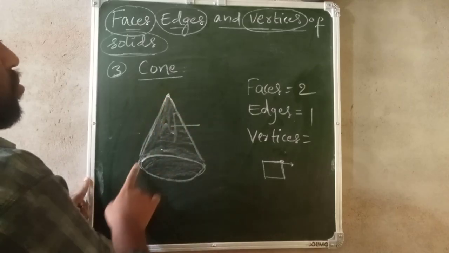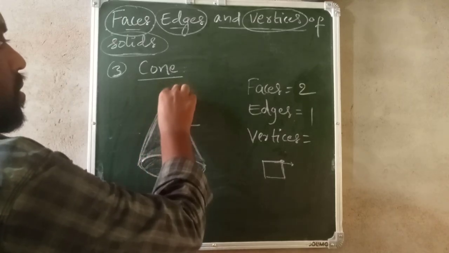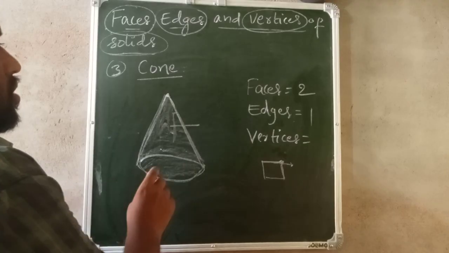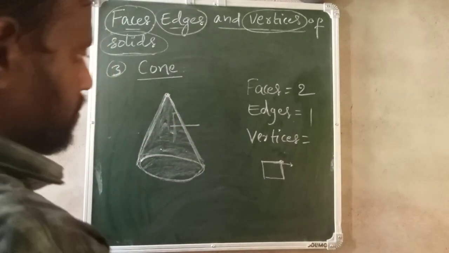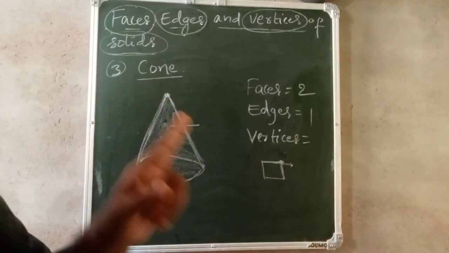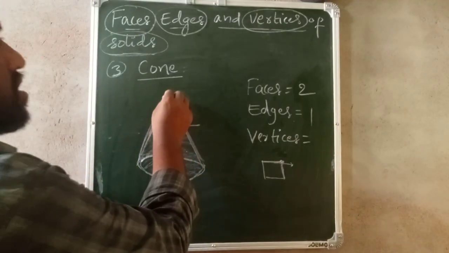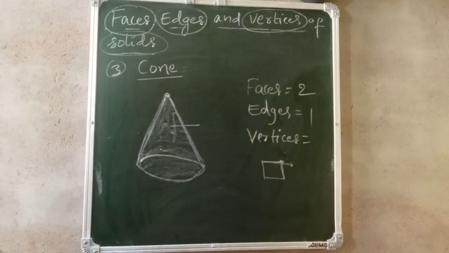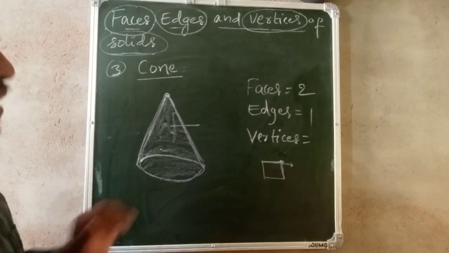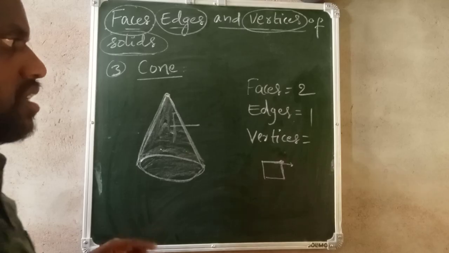If you just assume these are like straight lines, here there is the tip, the ice cream tip. So there is a sharp point. So one point is there, a sharp point. So we consider this a vertex for cone. So the number of vertices is 1 only.